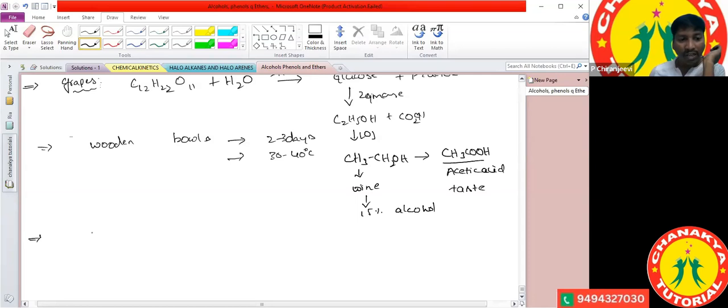By doing distillation, we can prepare 95% alcohol, which is called rectified spirit.